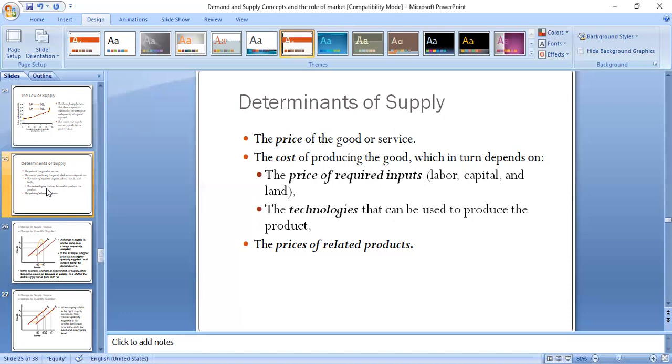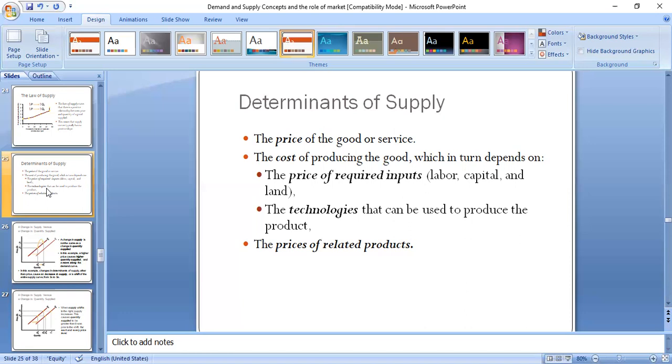Then prices of related products. Here we are looking at it from the perspective of substitutes, where we look at the substitution effect.